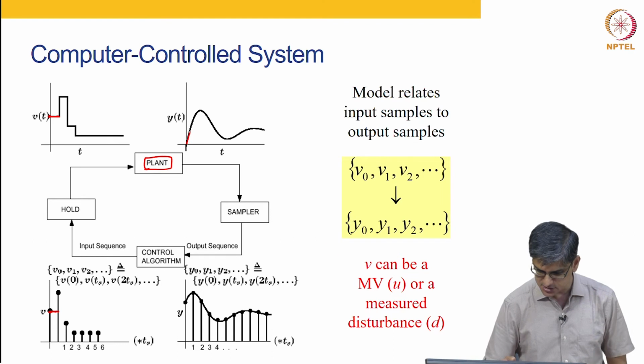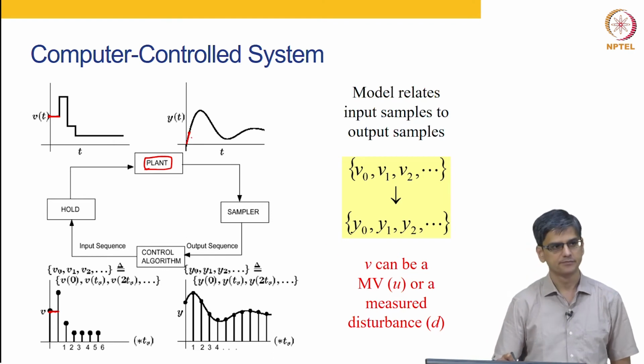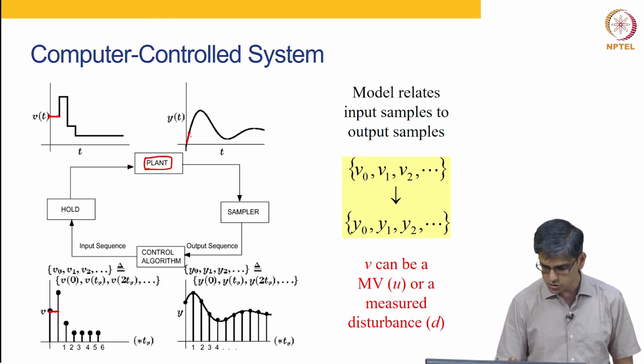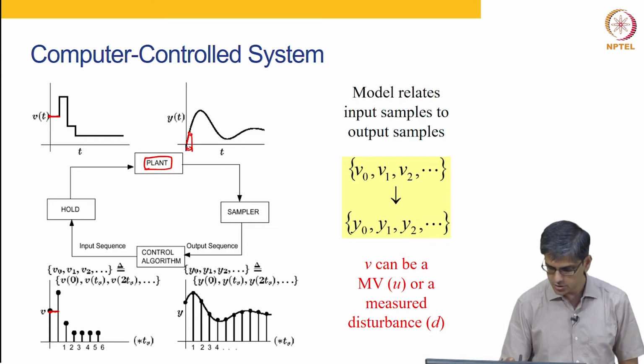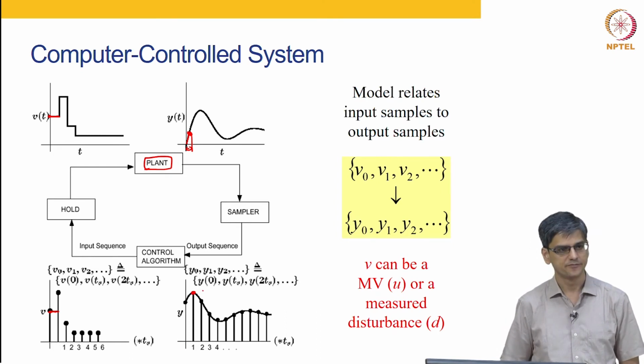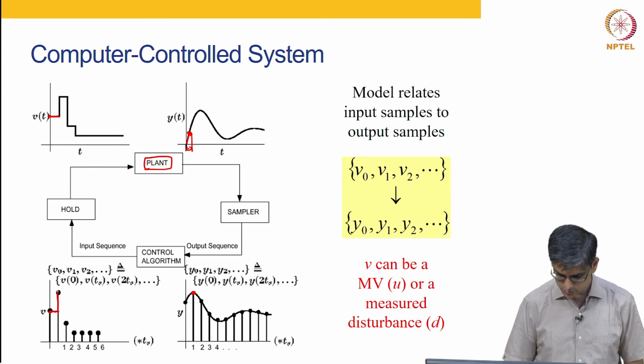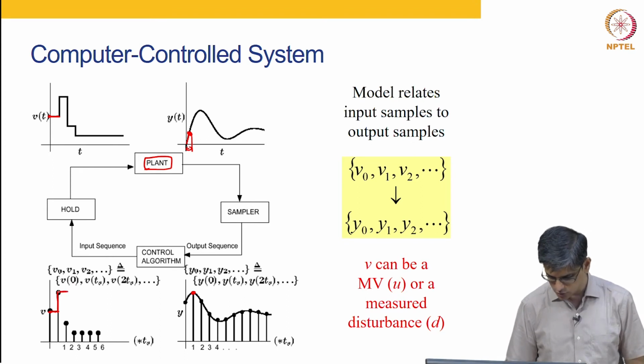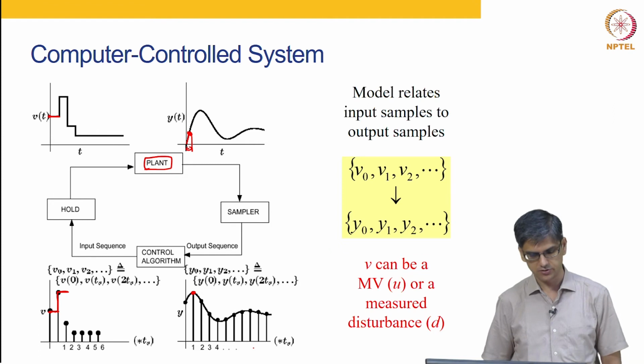Let us say that the system has responded in this way. You lose all this information from here. You are only sampling this particular point, so you are only getting this point over here. Now, let us say you have implemented the next move by zero order hold, this is how that move is going to look like.